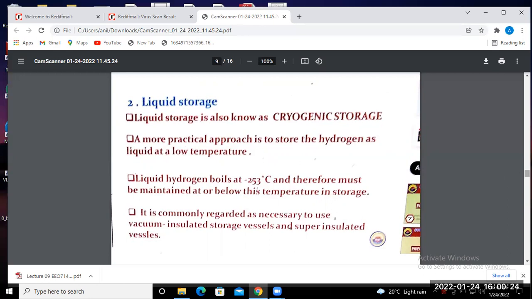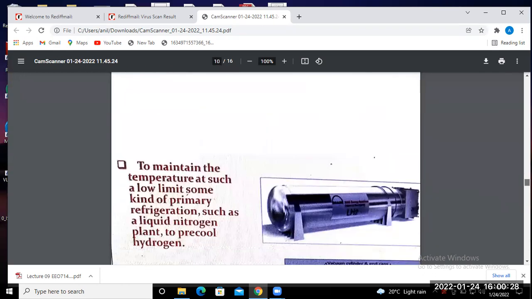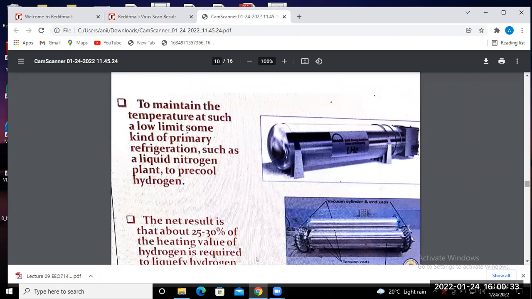So next, as you know, minus 250 degrees Celsius is a very low temperature, so you have to maintain that. Maintaining hydrogen gas storage in the form of liquid, we are discussing today, is one form of chemical energy storage.